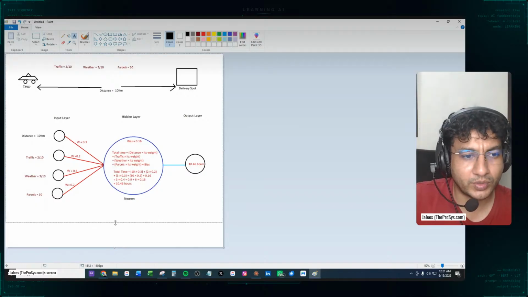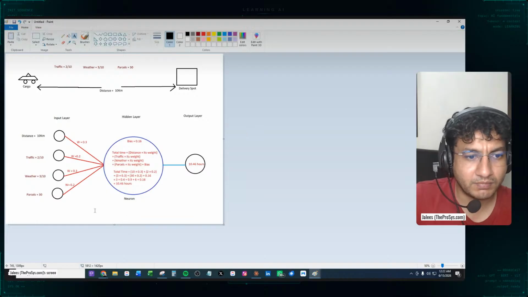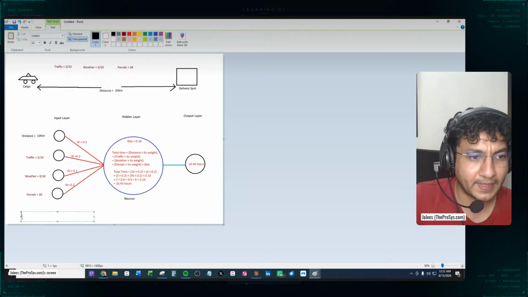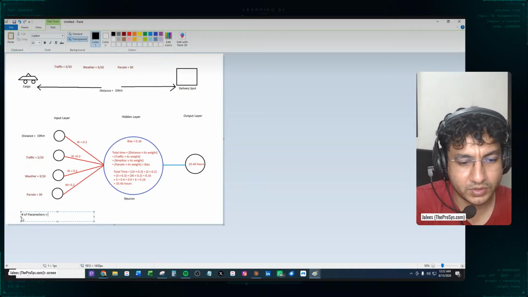Right, this is what the parameters are. Number of parameters equals weights plus bias.